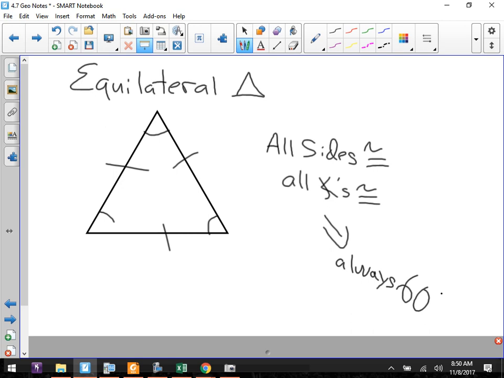You use some properties to get yourself through that. The sum of the angles is always going to be equal to 180. Since there's three of them, they will always, always, always equal 60 degrees.